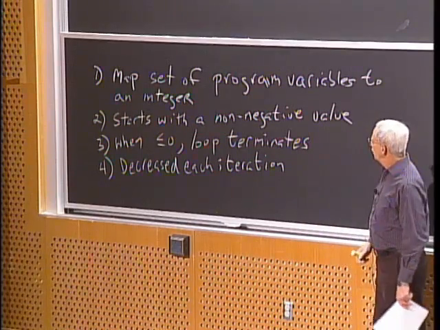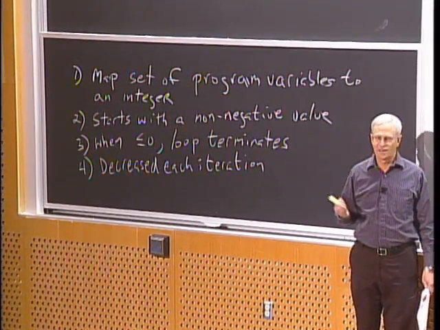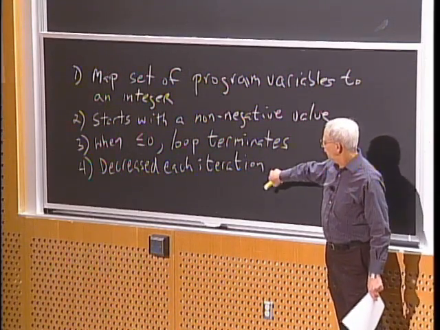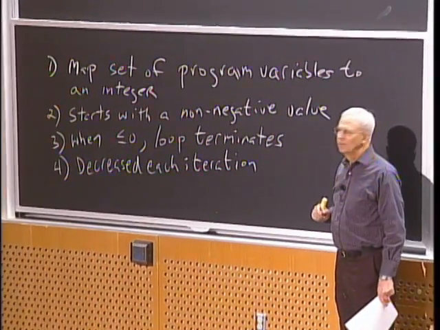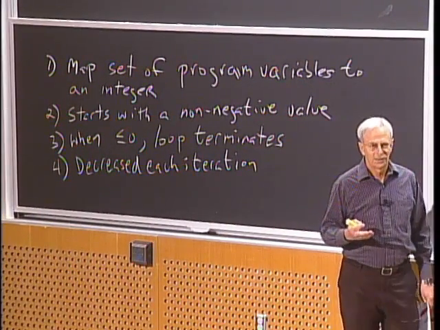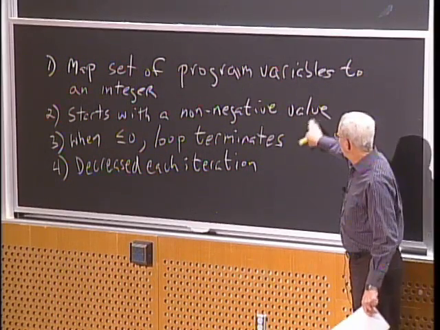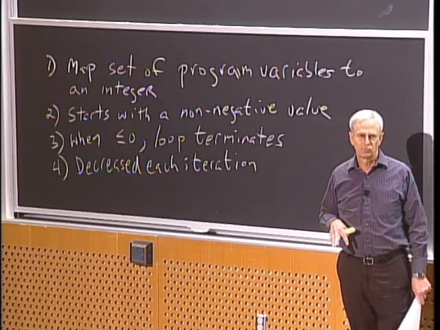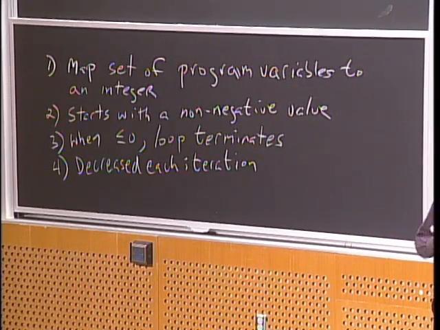So what we see is if it starts out a positive value, or non-negative, and it's decreased every time I execute the body of the loop, then eventually it's got to reach 0, or something less than 0, and when it does, the loop stops. If such a function exists, then the loop is guaranteed to always terminate.